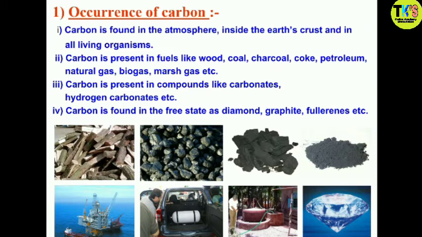Hydrogen carbonates are a combination of hydrogen, carbon and oxygen. Carbon is found in the free state as diamond, graphite, fullerenes. So this was about the occurrence of carbon.